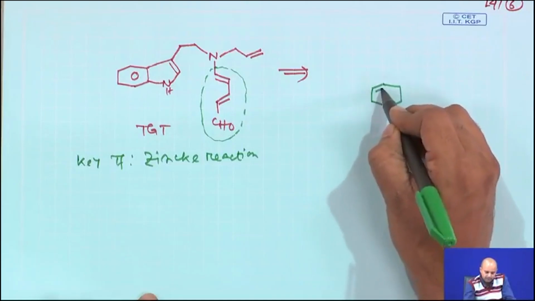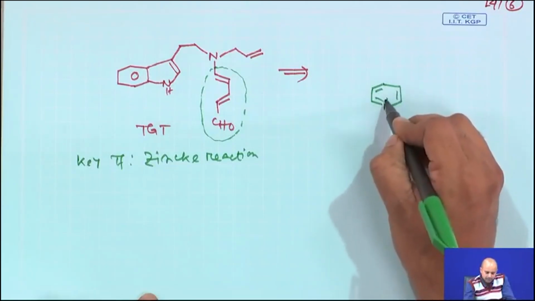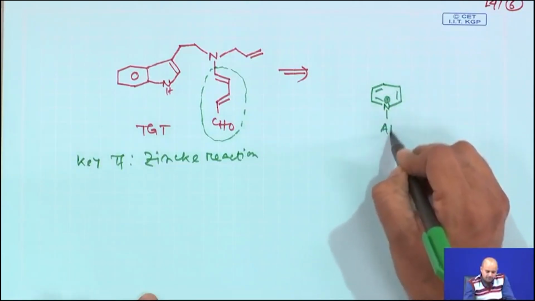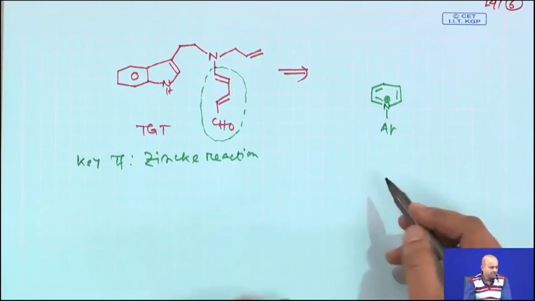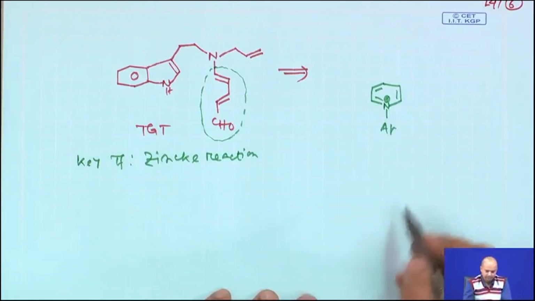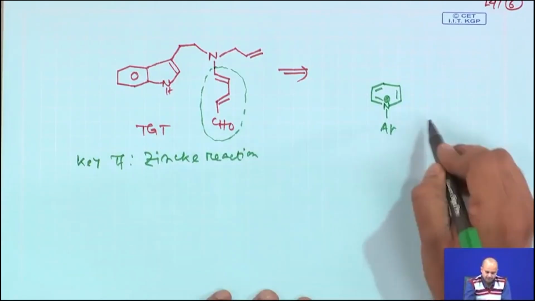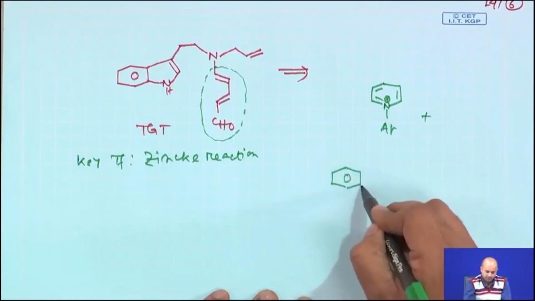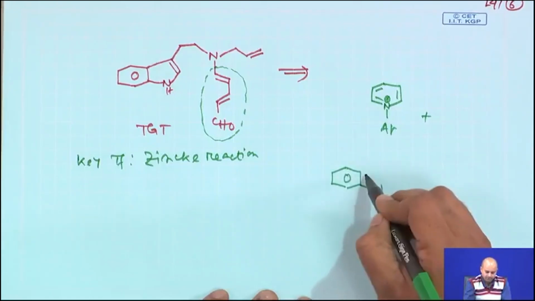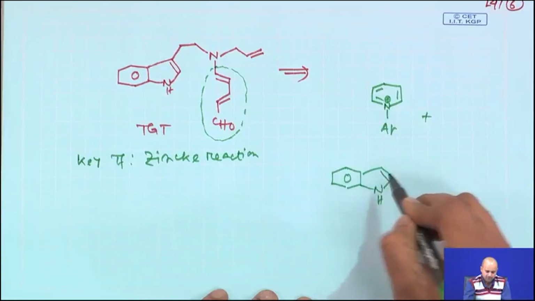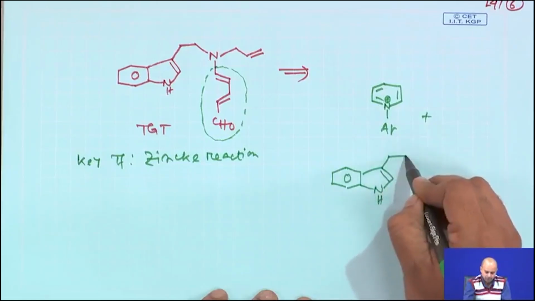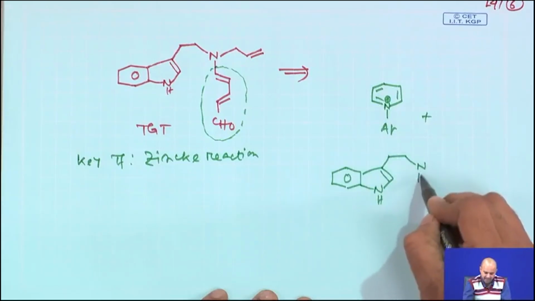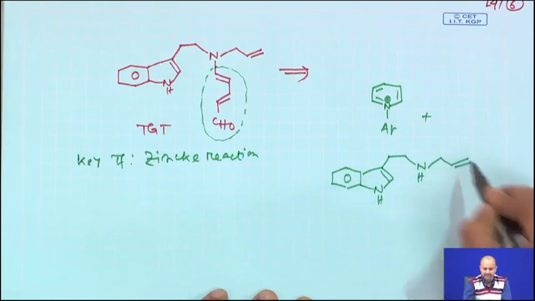If you have this particular pyridinium species as a starting material, and the amines, what are the amines you basically need? You basically need this diamine, this indole based diamine, CH2 NH and this allyl.